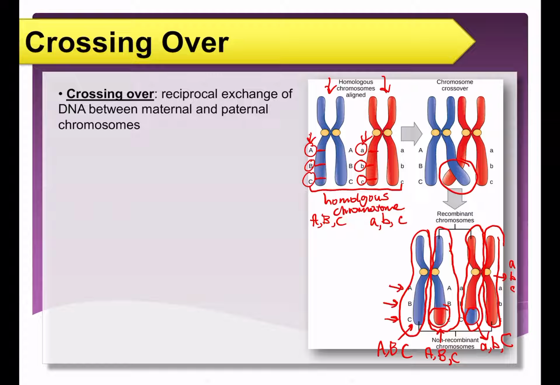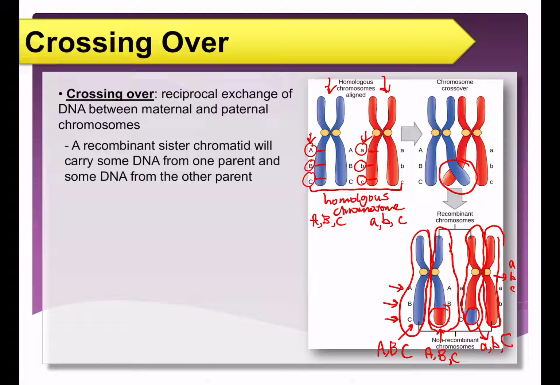Hence, the resulting chromosomes after crossing over each carry some DNA from mom and some DNA from dad to pass on to their grandchildren. And this is why sometimes you don't see a trait in you that's passed from your mom, but you may see the trait from your mom in your children, because your DNA contains chromosomes from mom to pass on to your children.